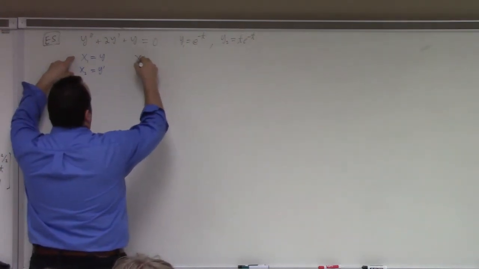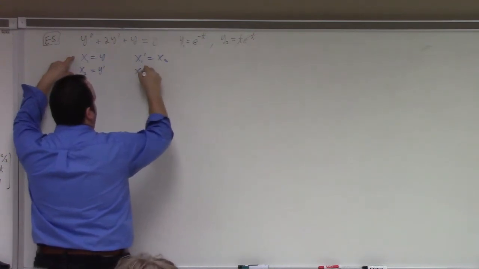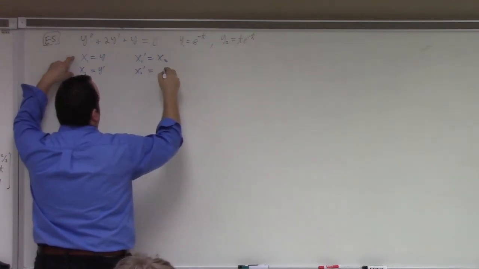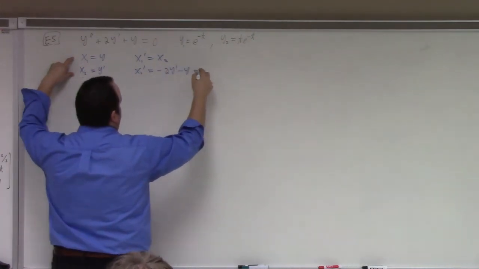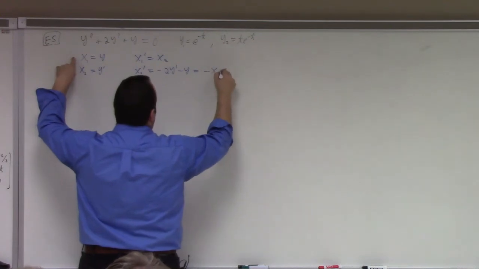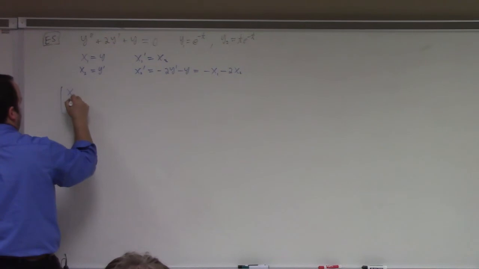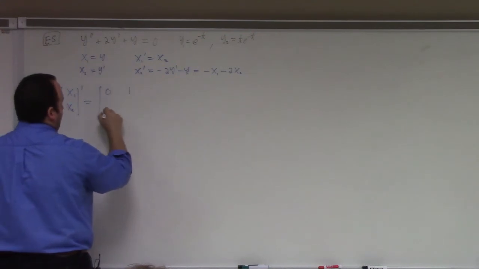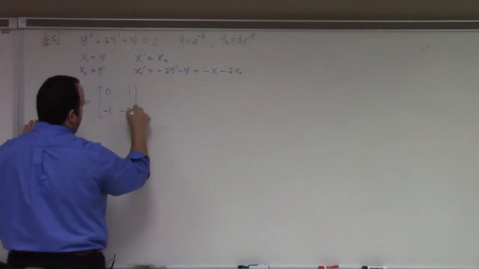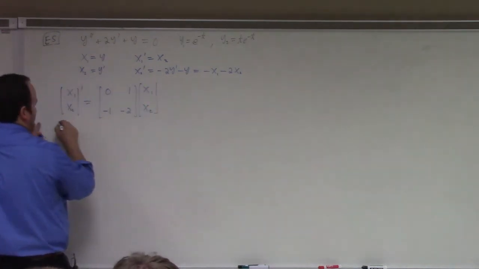So x1 prime is x2, and x2 prime is what? It's minus 2y prime minus y, aka minus x1 minus 2x2. All right, great. So here's our problem. x1, x2 prime equal to 0, 1, minus 1, minus 2. I believe this problem will give us the necessary difficulty.